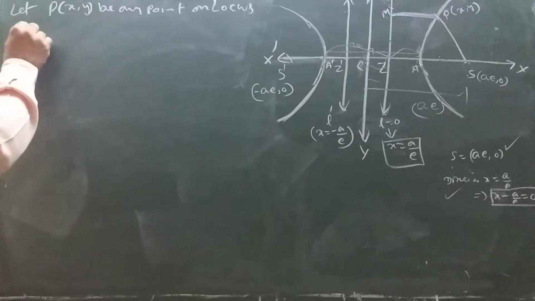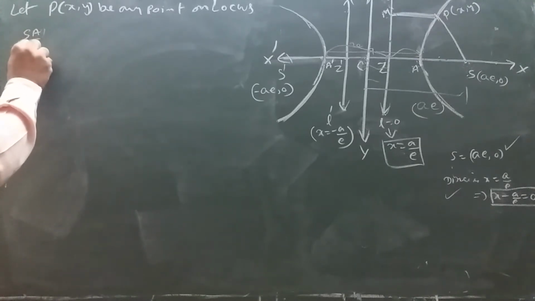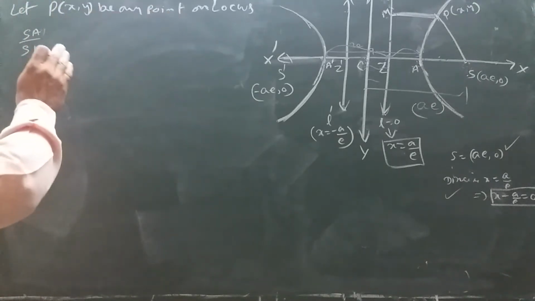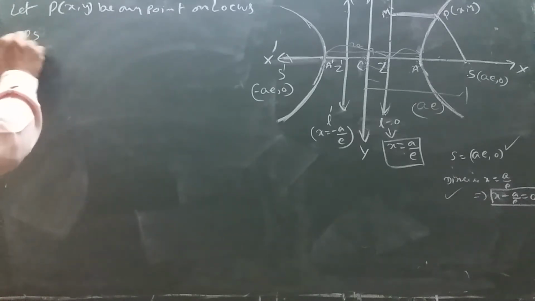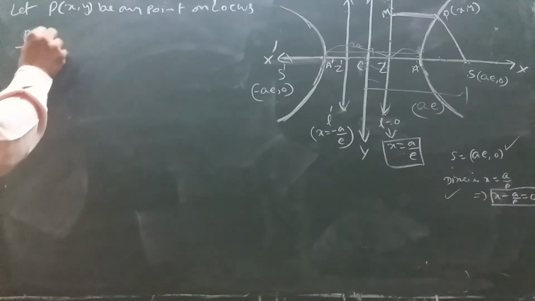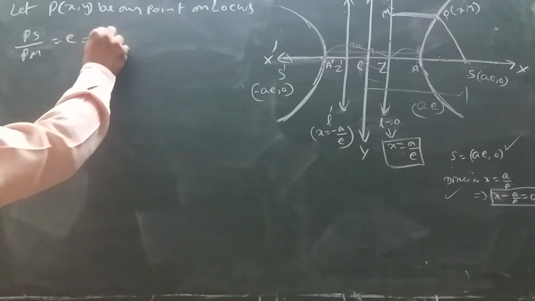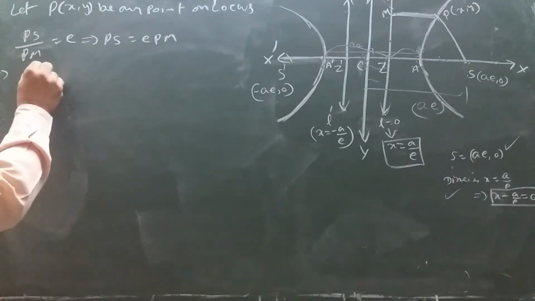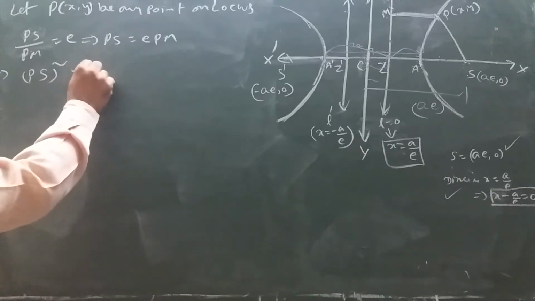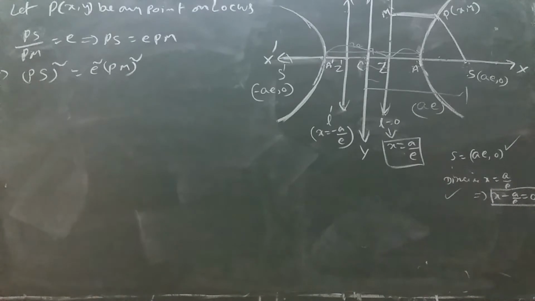What is that condition? PS by PM is equal to E. That implies PS is equal to E PM. That implies PS square is equal to E square PM square. By using that, we have to find the equation.